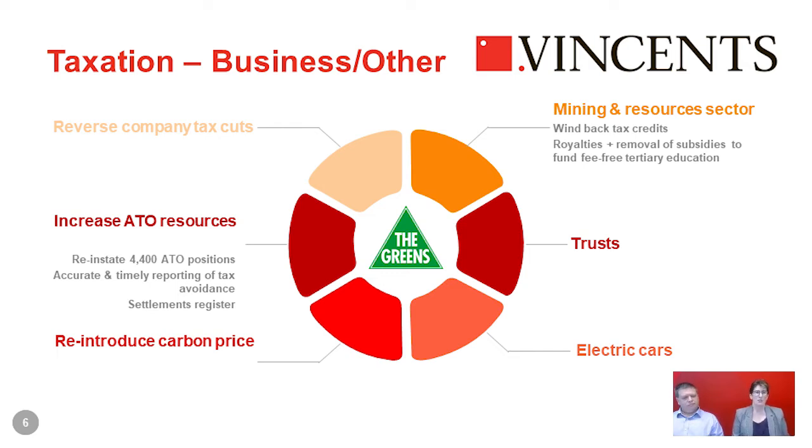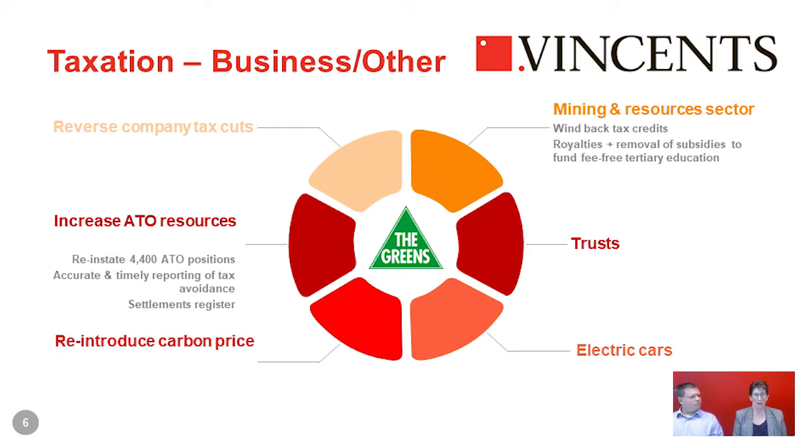The mining and resources sector, they're looking at essentially bringing back the proposal that was made in the Henry Review back in 2009, where in that review, Henry proposed a 40% super profits tax for large oil and gas and mining companies.